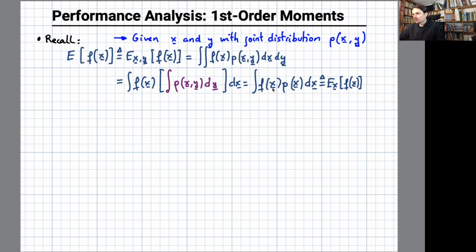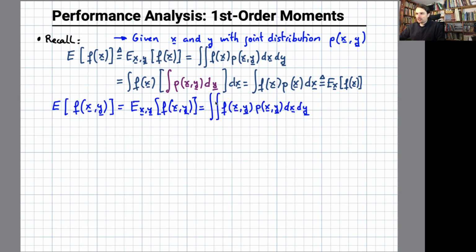And this is nothing but the expectation of f of x just averaging over x. Okay, so we see that whenever we take expectations with respect to multiple variables of a function, then this is the same as just taking expectations over the variables that function depends on.